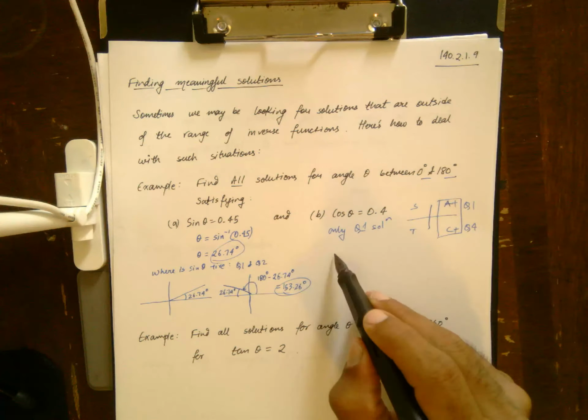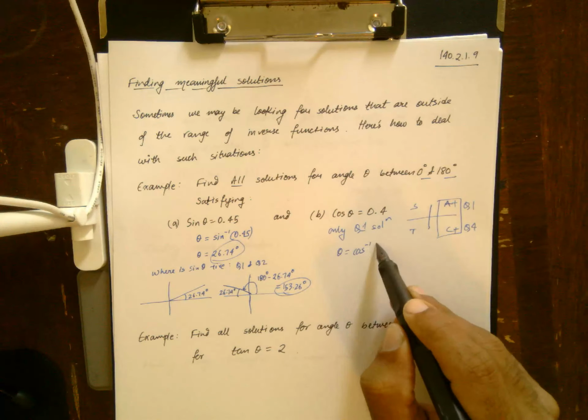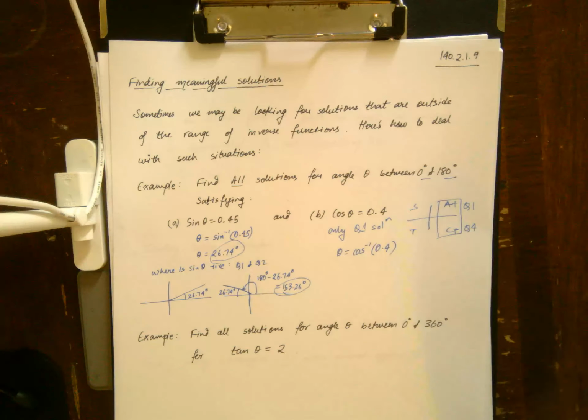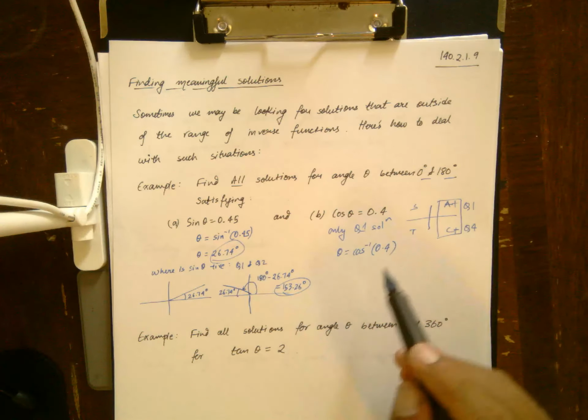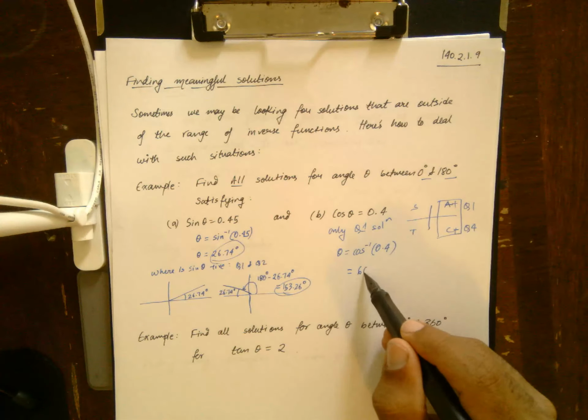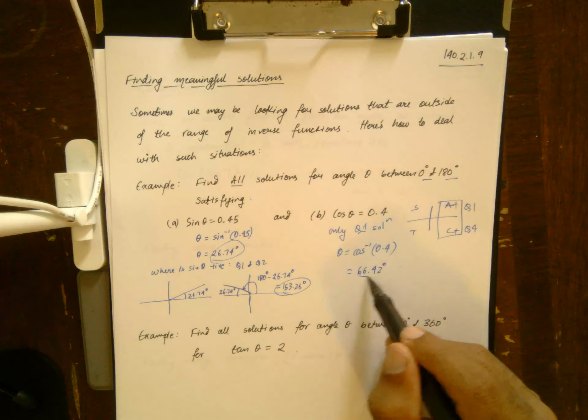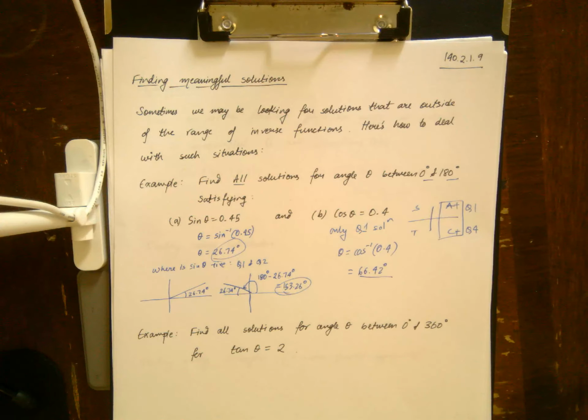So in this case it's simple. I just go cosine inverse of 0.4. Cosine inverse of 0.4 comes out to 66.42 degrees. So it depends on what kind of angle you're looking for.